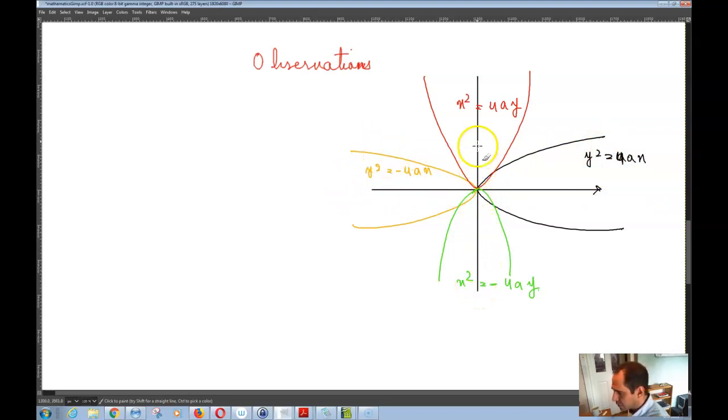If the axis of symmetry of the parabola is along the y-axis, then in that case you have x squared terms in the equation of the parabola. And of course, if you have x squared terms, the axis of symmetry is along the y-axis, and if you have a y squared term, the axis of symmetry is along the x-axis. So that's one thing.